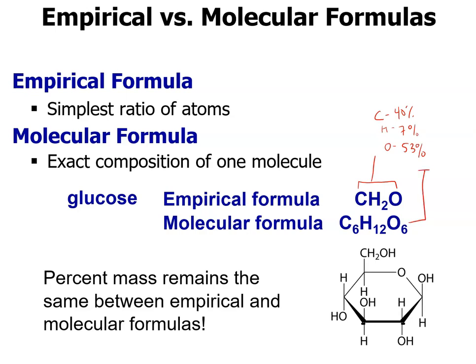So it doesn't matter how you do this calculation, the percent mass will be the same between empirical and molecular formulas. But it's important to recognize that when you say something is the empirical formula, that's not necessarily what the actual compound is. There may be additional studies that need to happen before you know exactly what you have.